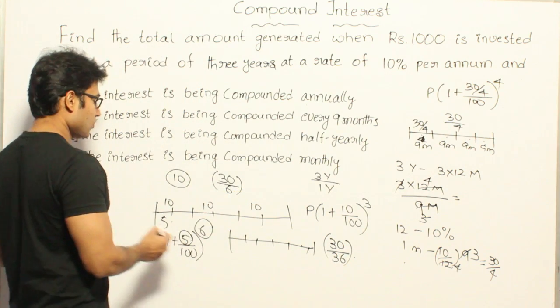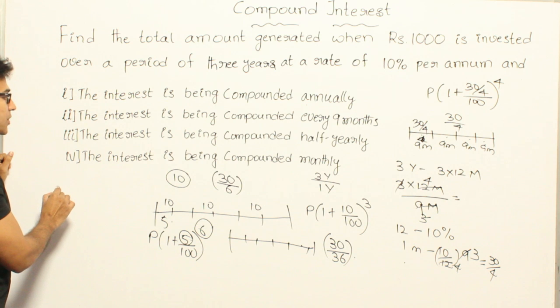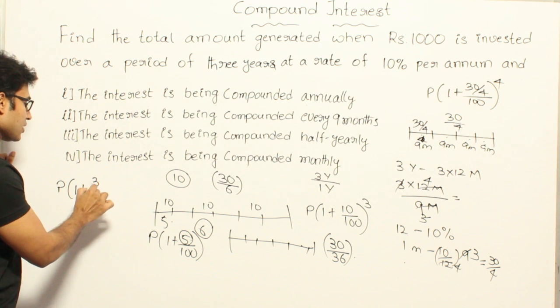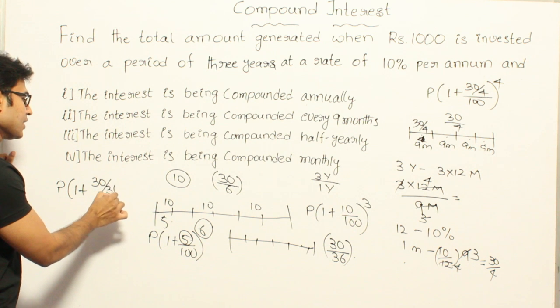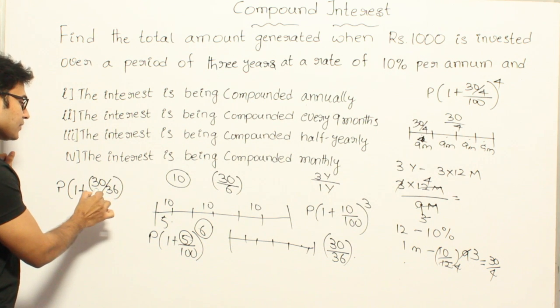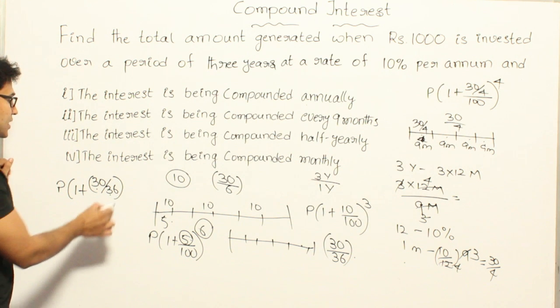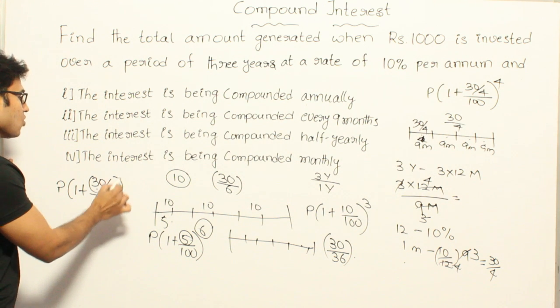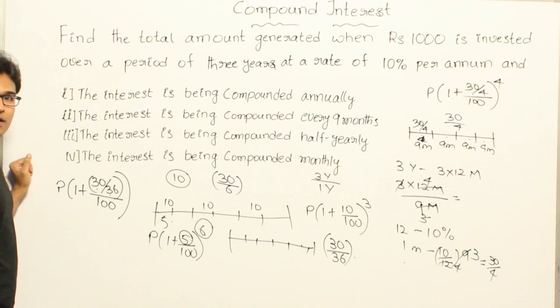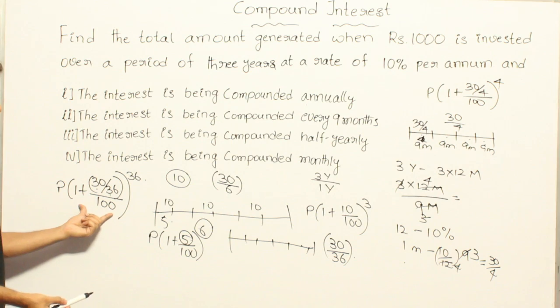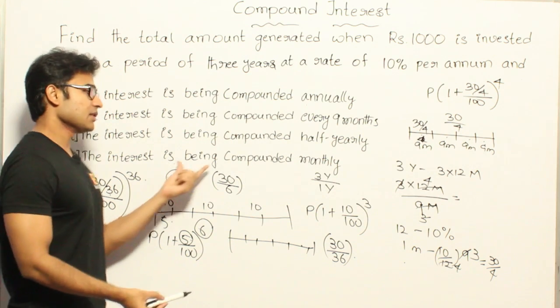Got it? Therefore the answer for the fourth one is going to be P into 1 plus the rate per slot, 30 by 36, divided by 100, whole power 36, the number of slots. In 3 years there are going to be 36 slots. So this is the amount you are going to get if it is compounded monthly.